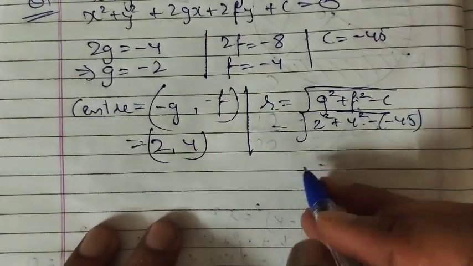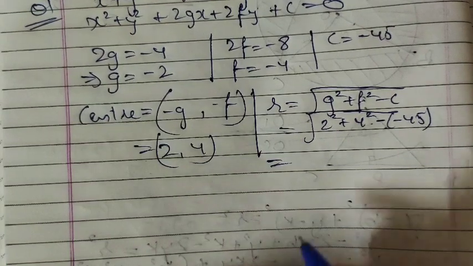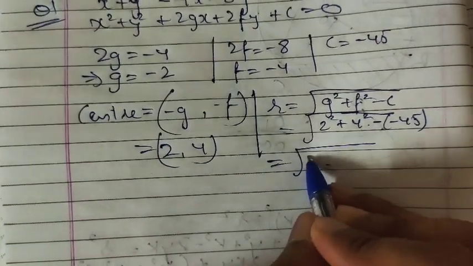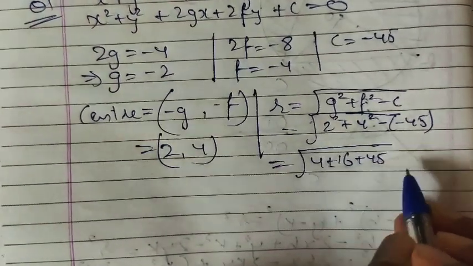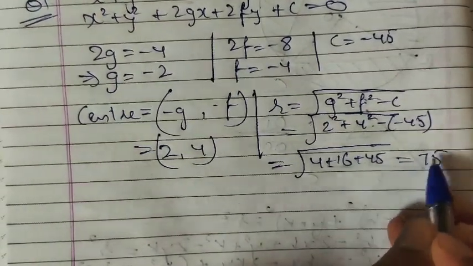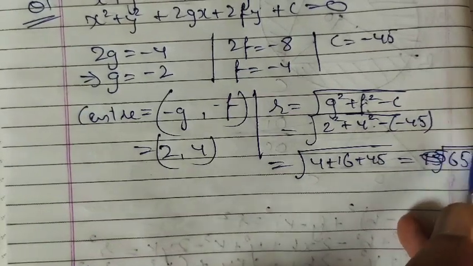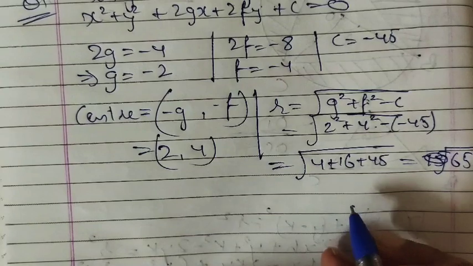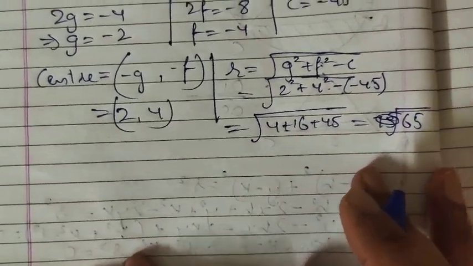So this will be equal to the square root of 4 plus 16 plus 45, 20 plus 45 is 65. So the square root of 65 is the radius, and the center of the circle is this one.